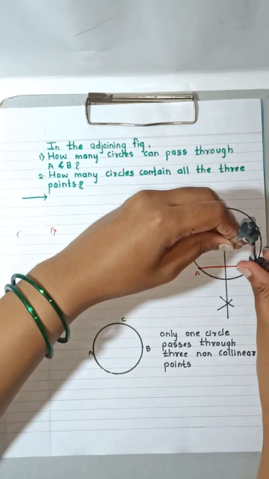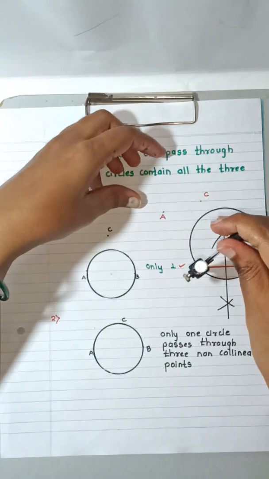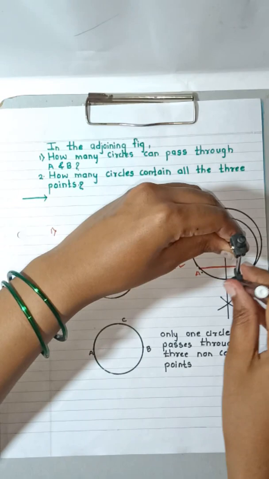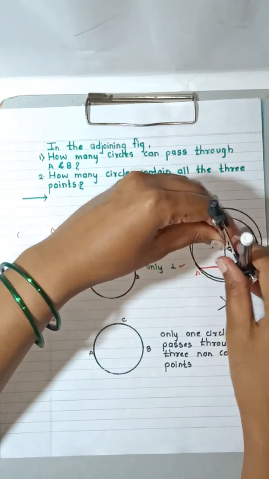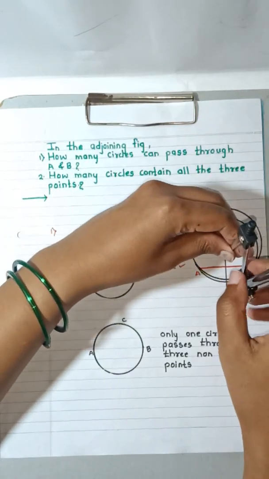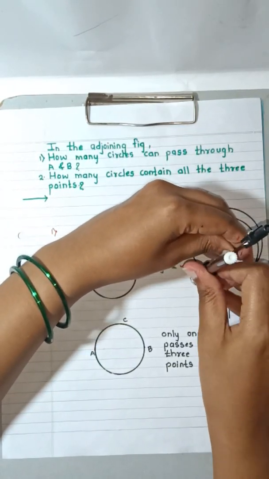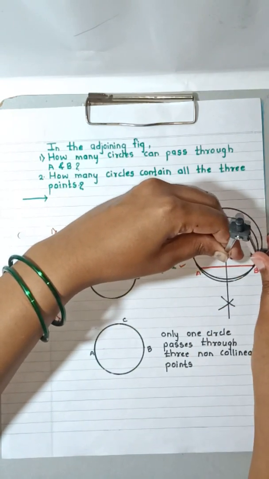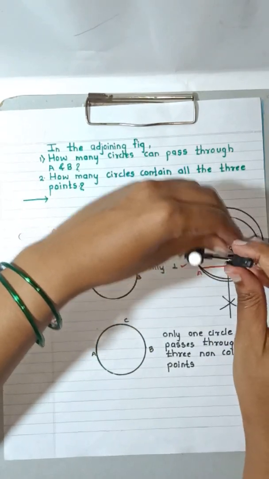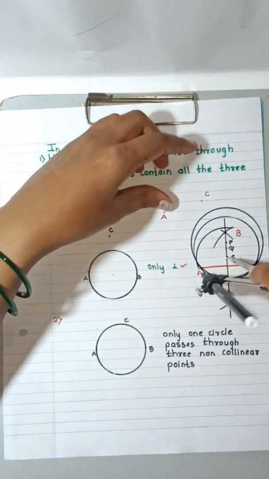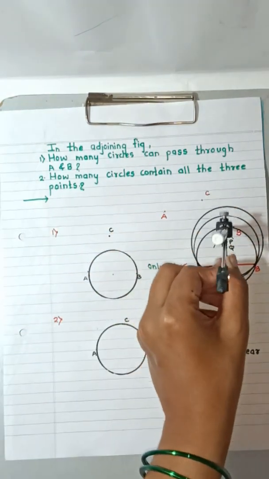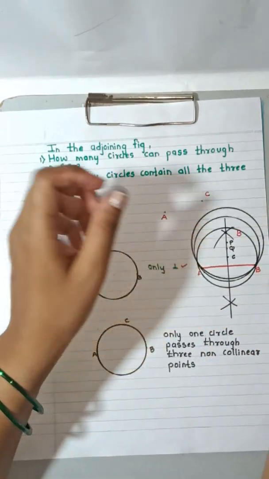See, I can draw one more circle passing through A and B. Suppose I take a point C over here, and C here. I can draw again one more circle passing through A and B.